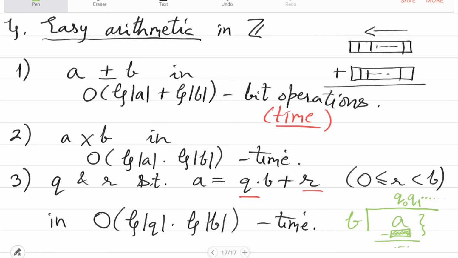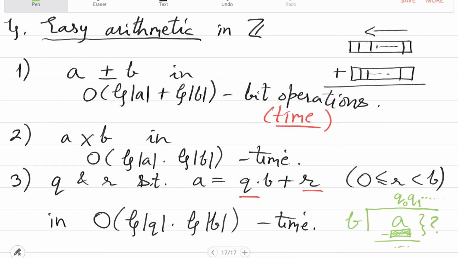You are only looking at the first few bits of A. Log B many bits of A. Okay, so this subtraction you are doing only depends on log B. It doesn't depend on A. Okay, this is an important point. So we will very soon see that we need this log Q times log B complexity to compute GCD.